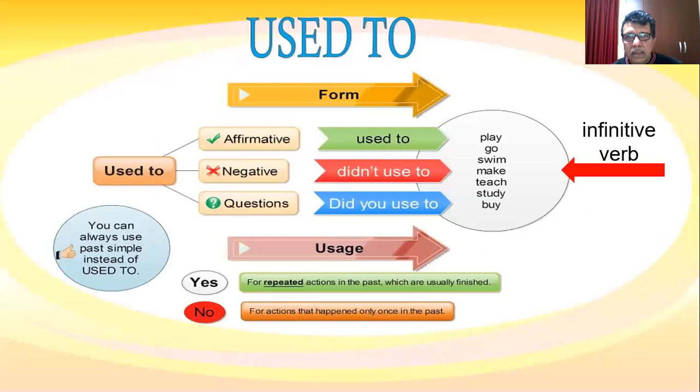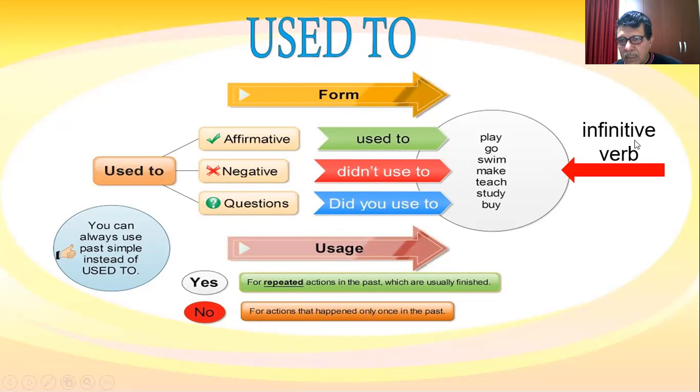And this is a summary of how to use the expression used to. As I told you, in affirmative, the expression used to with D at the end. In negative, the expression didn't use to with no D. And in questions, did at the beginning, use to, with no D too, okay?